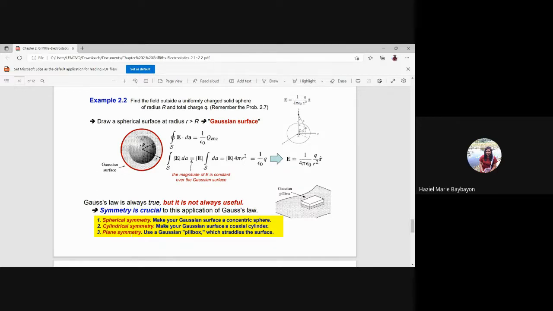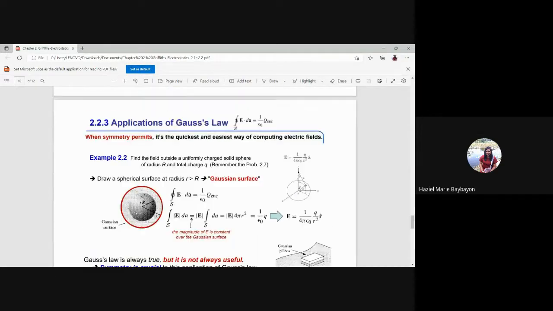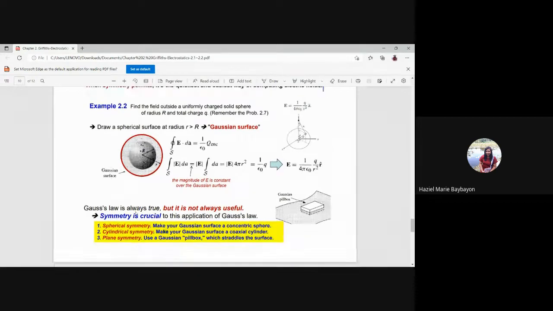And if you have a plane, you can make a Gaussian pillbox such as this one. So again, Gauss' law is always true, but it is not always useful. You need symmetry in order to apply Gauss' law. So that is the limit of Gauss' law, class.